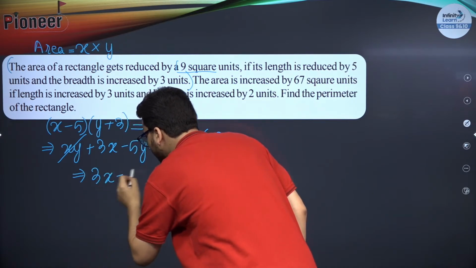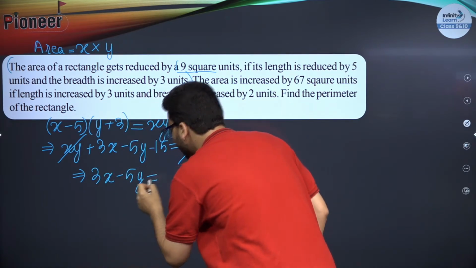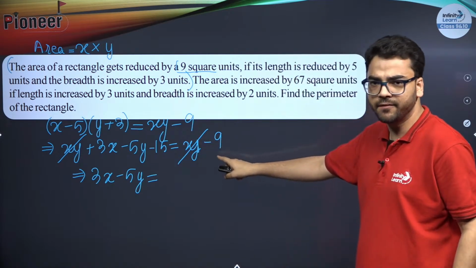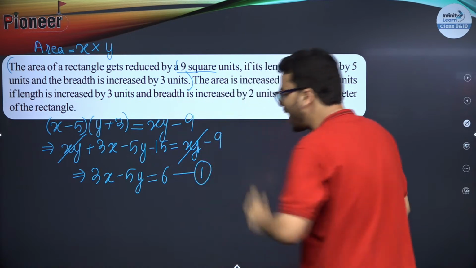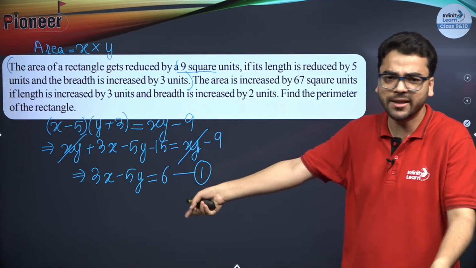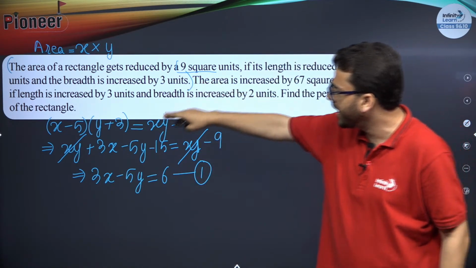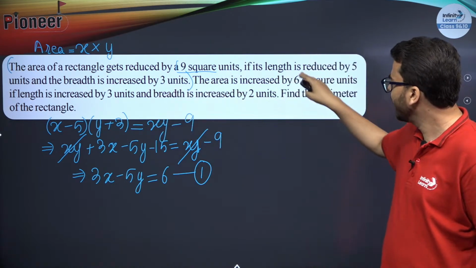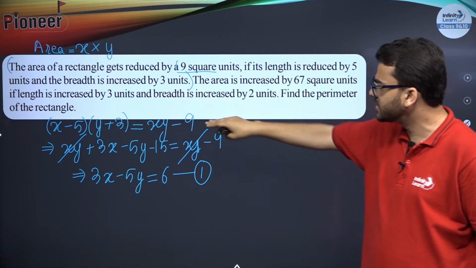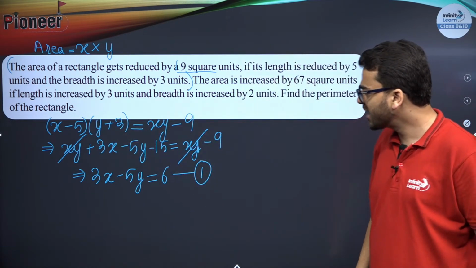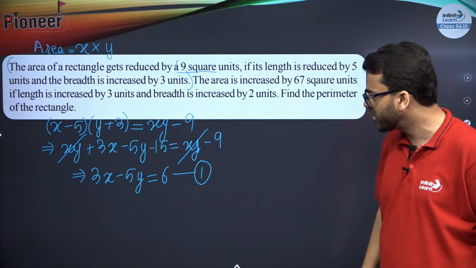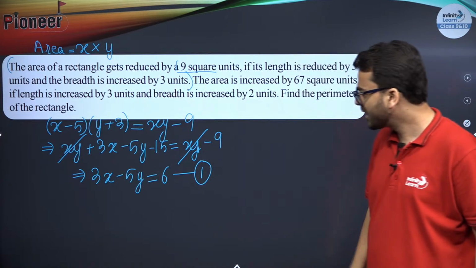So this is 3x minus 5y and that is equal to 15 minus 9. 15 minus 9 is what? 6. So this is the first equation. I hope it is clear. Let's verify it quickly so that there is no mistake, because the area is reducing by 9, length is reduced by 5 and the breadth is increased by 3. Okay, that is correct. xy plus 3x minus 5y minus 15. Yeah, that is correct only. I was just checking so that there is no calculation mistake.